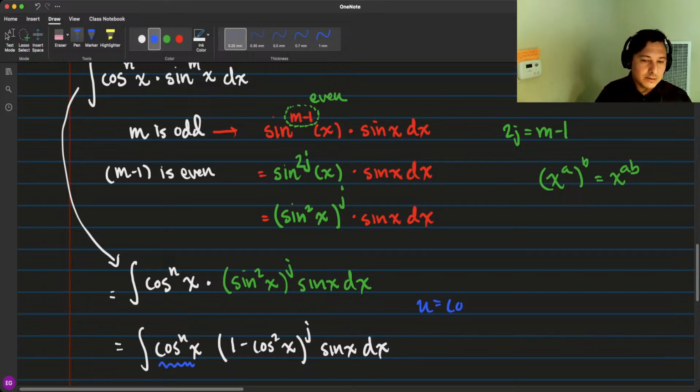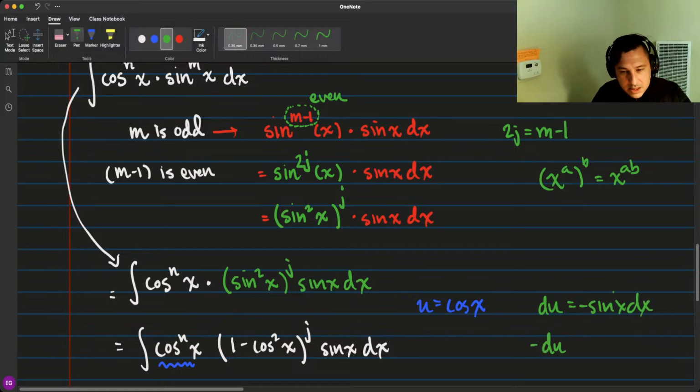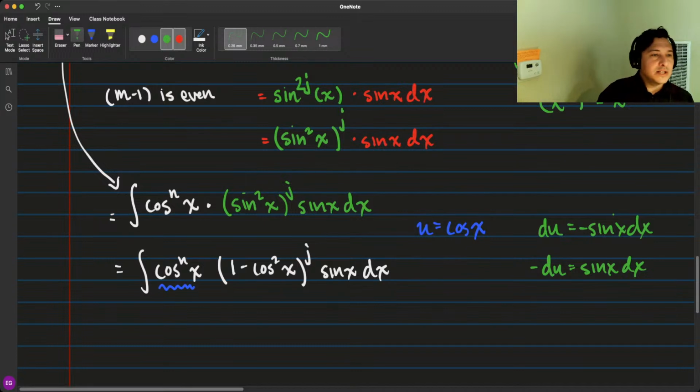I'll set my u equal to cosine x, which means my du is going to be equal to minus sine x dx, which means that minus du equals sine x dx. So looking at this, I have a sine x dx right here, and I can replace that with my minus du.